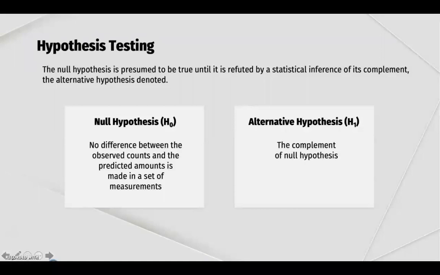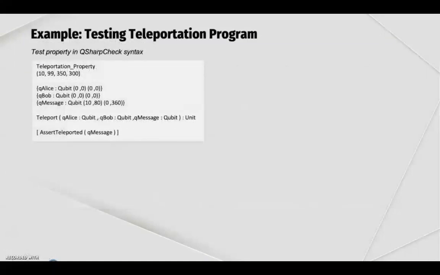As an example, here we see a test script to test the teleportation program. The first line, teleportation property, is the name of the test property. The second line relates to the test arguments, which were explained previously. The next part includes 3 lines, which are about the initialization and allocation of the required qubits.